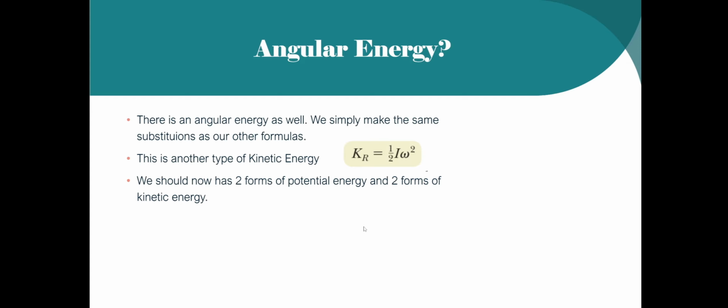So you'll notice now we're going to go from square blocks sliding down a hill to a ball or a sphere or a disc rolling down a hill, because that will have rotational energy added to it as well for our energy problems. Okay, so I understand that was a lot of new information, a lot of new equations.